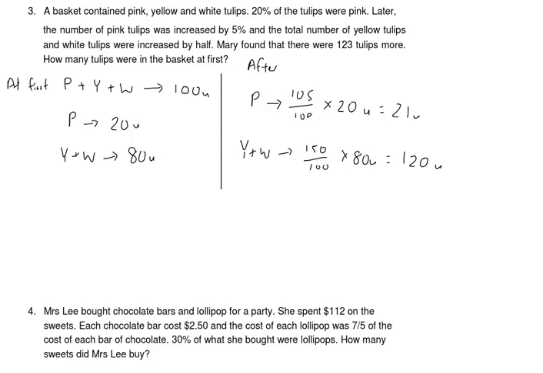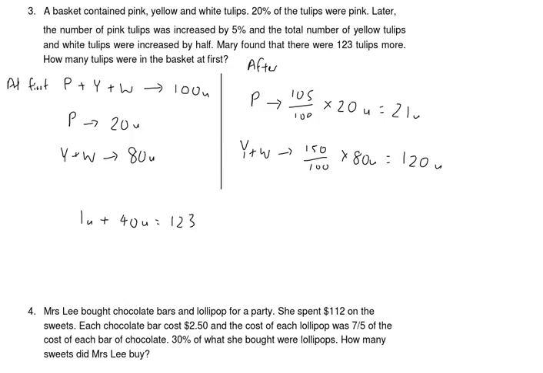She found that there were 123 tulips more. So I know that for pink, it increased by 1 unit. For the yellow and white, it increased by 40 units. Correct? And all this equals 123.